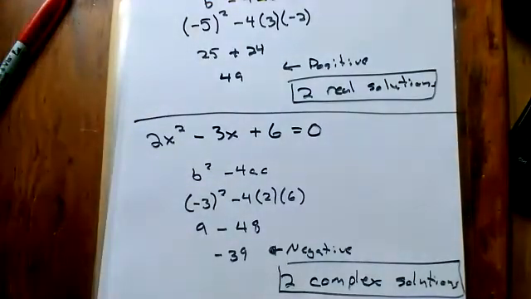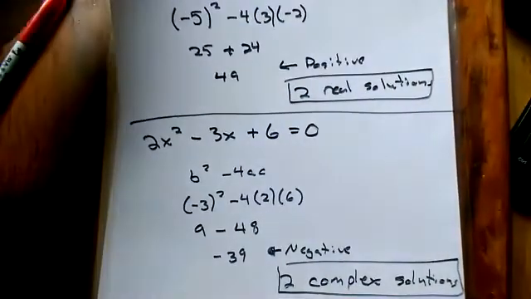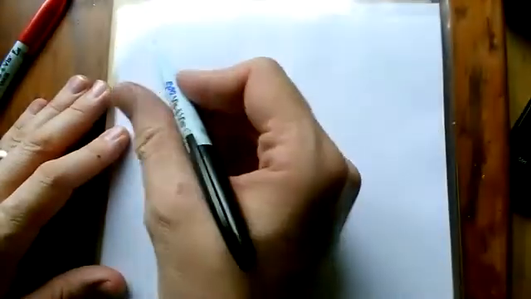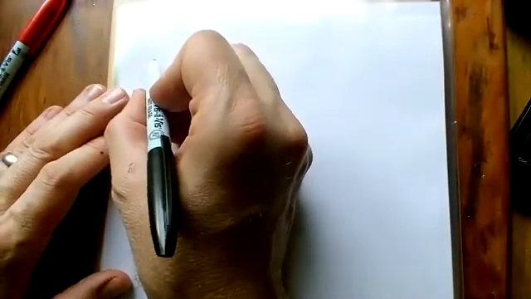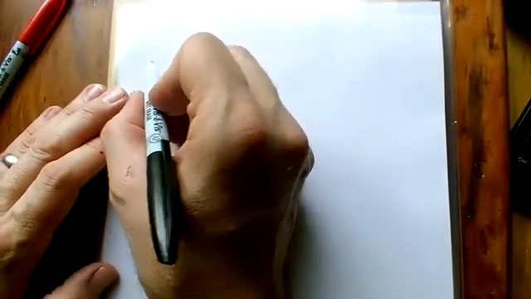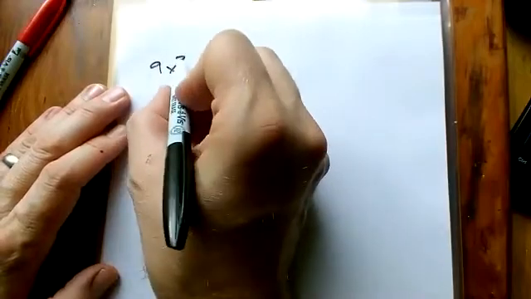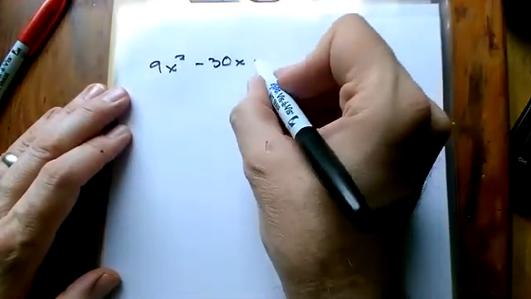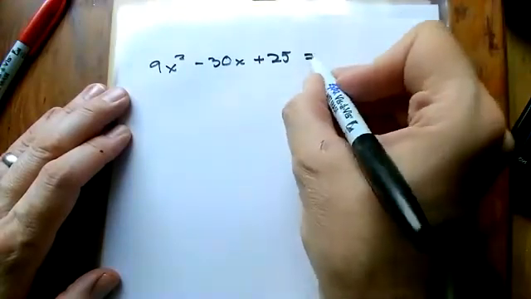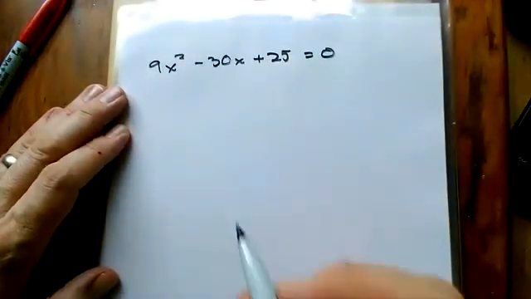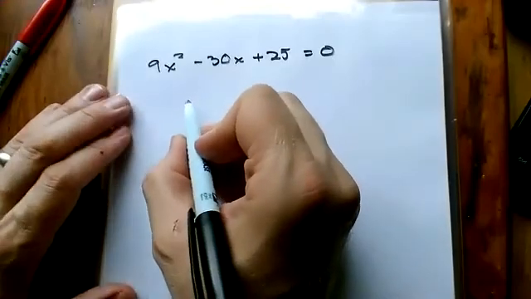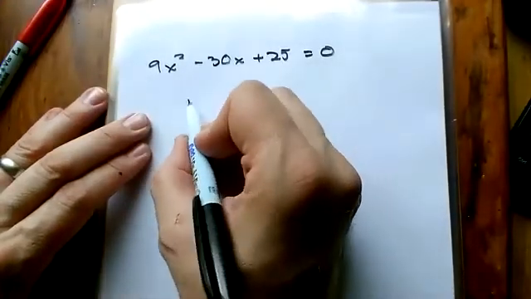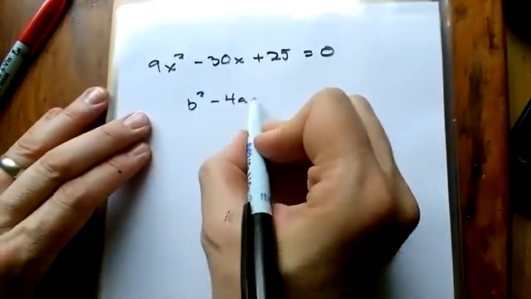Well, we've only got one more option to consider. Let's go ahead and show what that would look like. Say I've got 9x squared minus 30x plus 25 is equal to 0. Well, oh boy, this is going to be big. B squared minus 4ac.